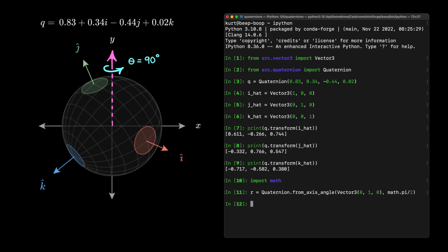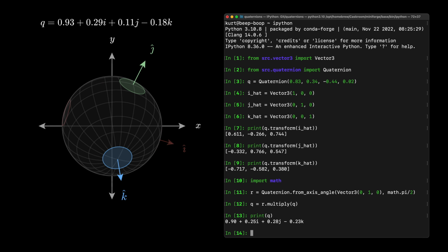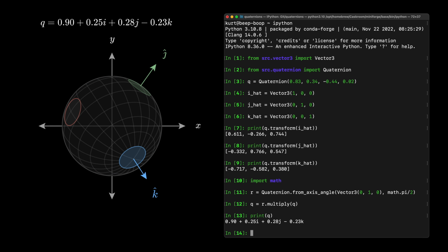To apply the rotation, we multiply our orientation by the rotation from the left. When I print out the value of q, we get the value of the orientation after applying this rotation. And when we rotate the sphere on the left around the axis by the angle, we get the same value.